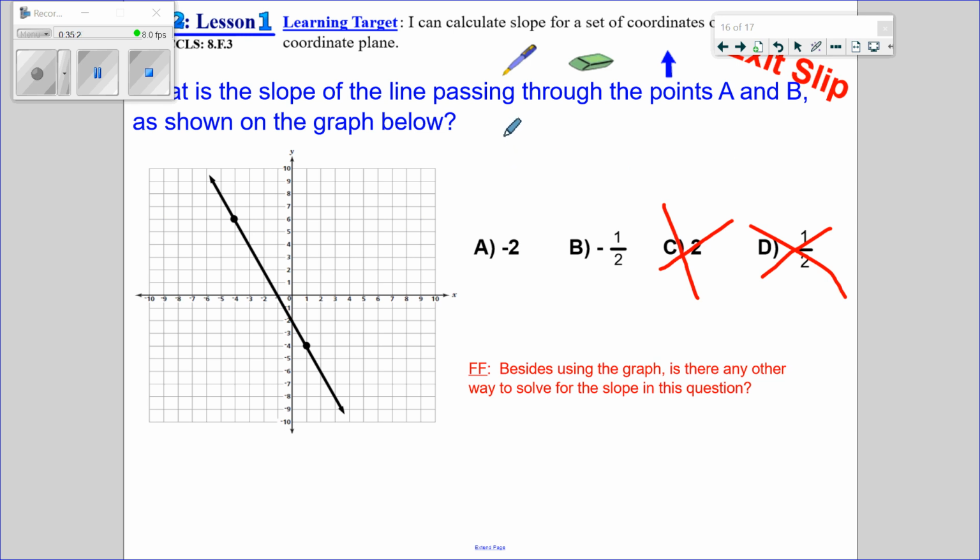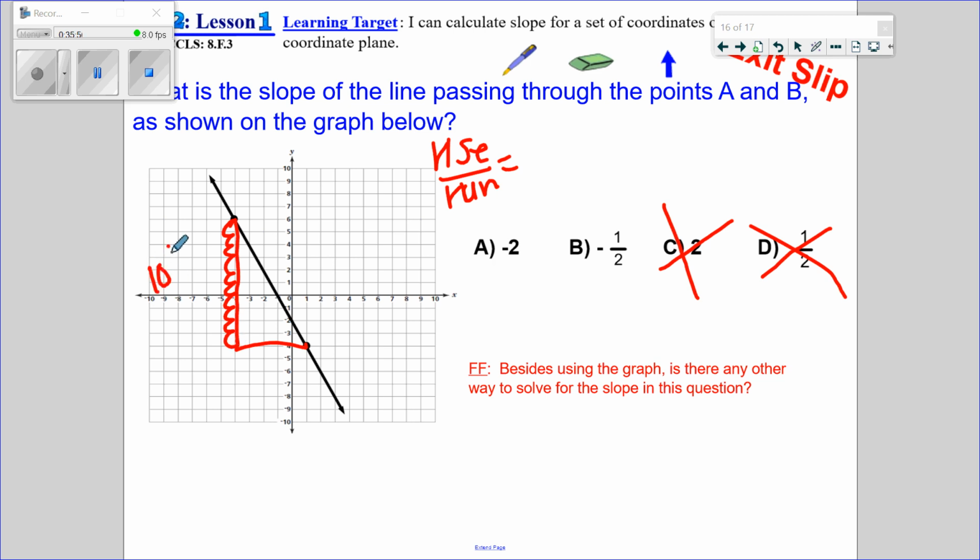So now I'm going to do rise over run. Let me get the pen here. Rise over run for my slope. Well, let's see. Let's draw the line. And now let's count. I have 1, 2, 3, 4, 5, 6, 7, 8, 9, 10.